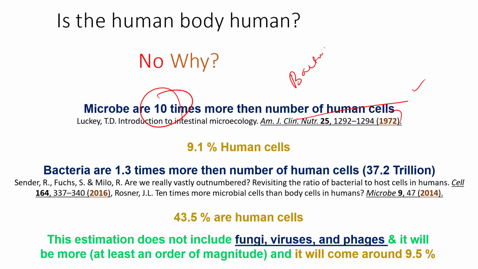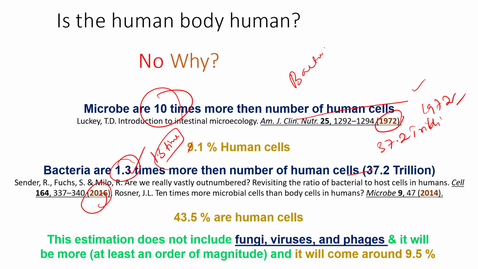Around 2016, one person stated that bacteria are 1.3 times more than the number of human cells, which is 37.2 trillion. So the whole body is made up of these many cells, but still the bacteria are more, 1.3 times the number of human cells.